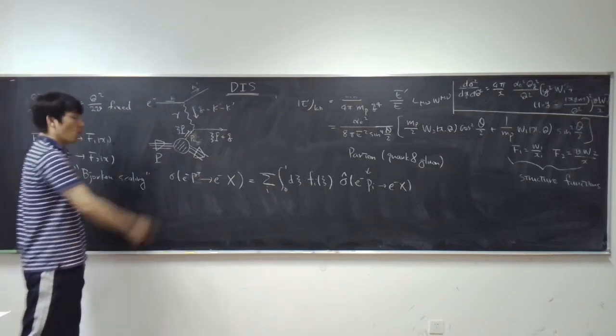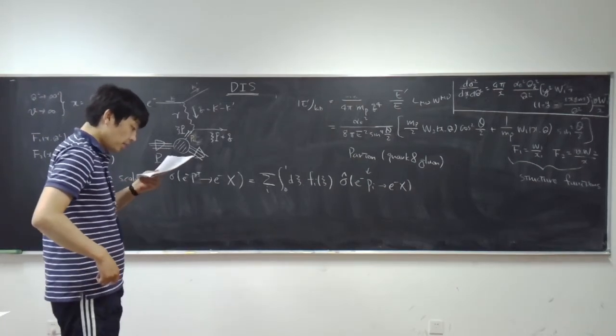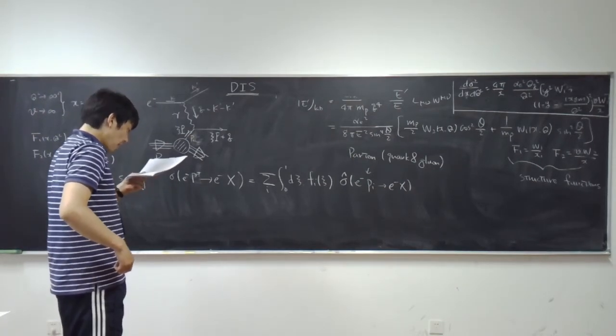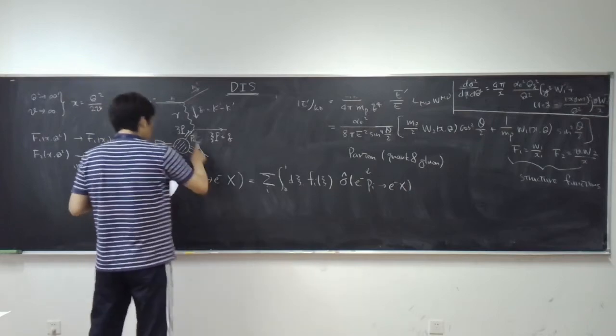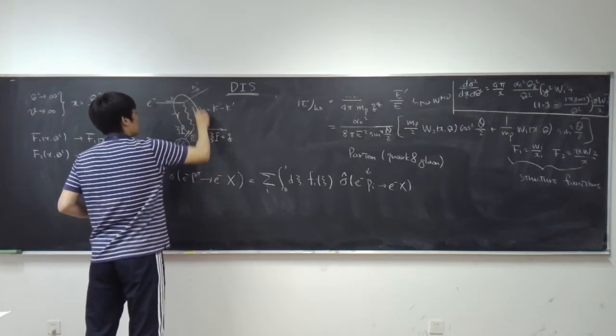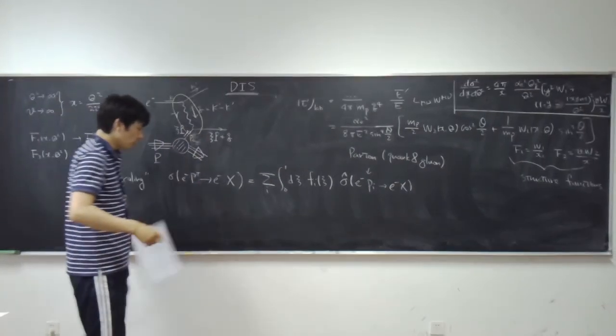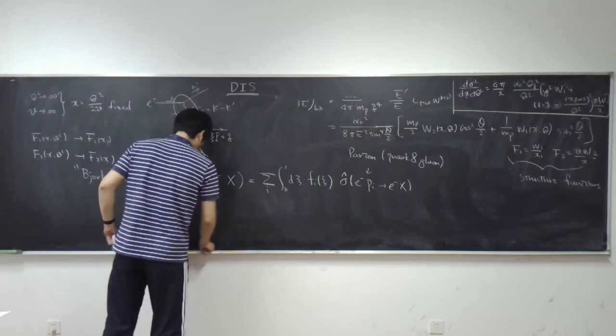If p_i is a quark, then it's easy to evaluate this process. If it is a quark, this is just a quark-electron process. It's like e e to μμ, right? And you can use the e e to μμ formula.